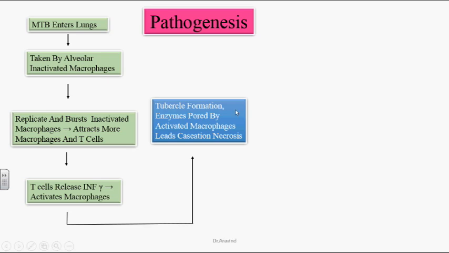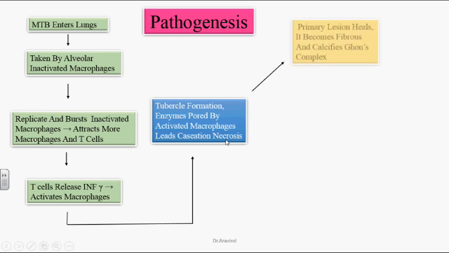So we can see tubercle formation around these infected macrophages where these organisms are growing. The activated macrophages which are making this tubercle will pour enzymes on the inactivated macrophages. Whenever they pour these enzymes, that ultimately leads to caseous necrosis.